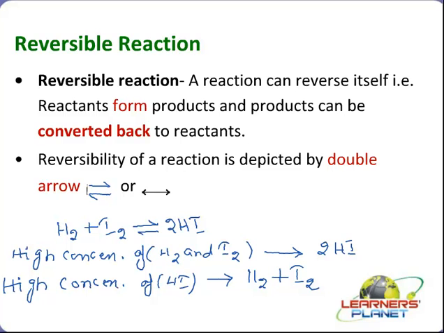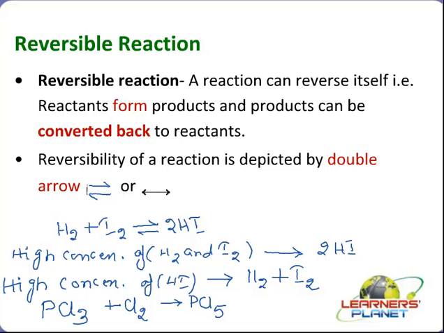I'll tell you one more example, that is phosphorus trichloride. What will be the formula of phosphorus trichloride? The symbol of phosphorus is P, chlorine is Cl, and tri is 3. This is combining with chlorine, that is Cl2, and it is giving PCl5.